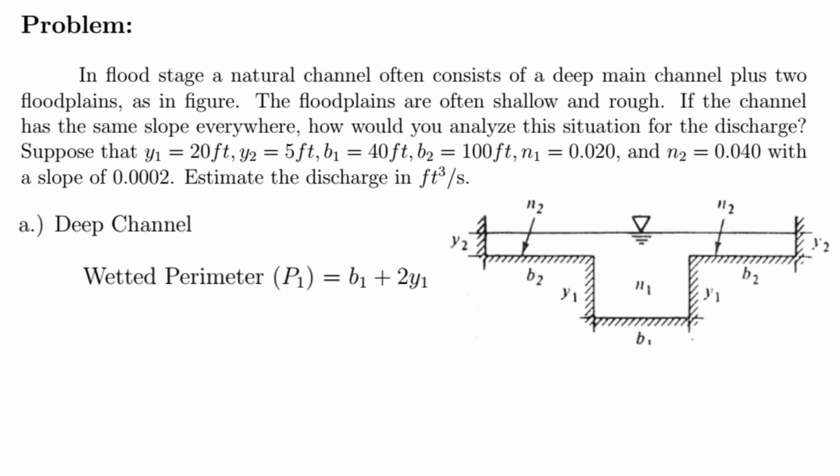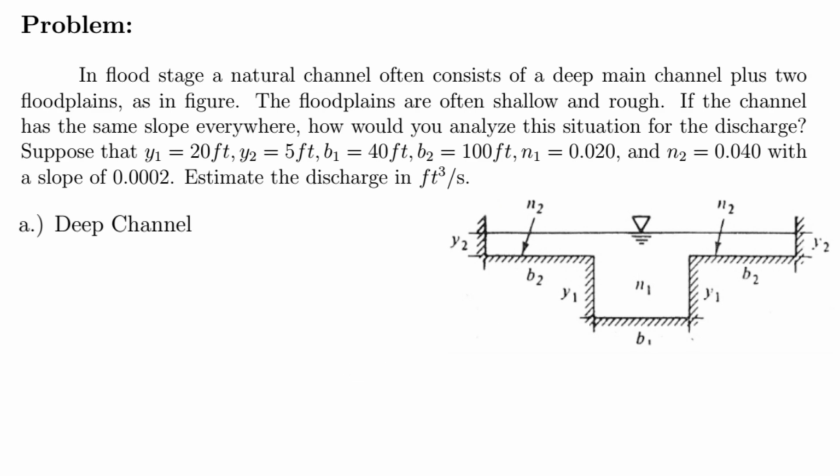The formula for the wetted perimeter is B sub 1 plus 2Y sub 1, where B is the bottom width of the channel, the horizontal contact with water, and 2Y sub 1 is the sum of the two vertical sides of the channel, where each side contributes Y sub 1 to the wetted perimeter. As we plug in the data, B sub 1 is 40 feet, plus 2Y sub 1, where Y sub 1 is 20 feet, the result is 80 feet.